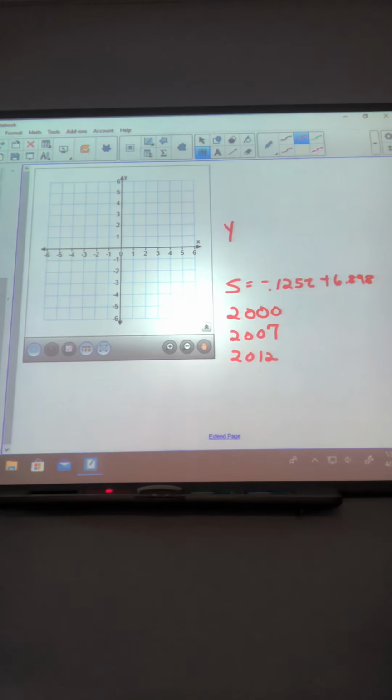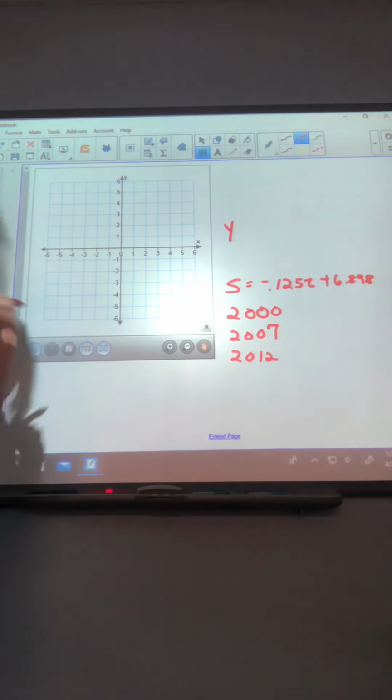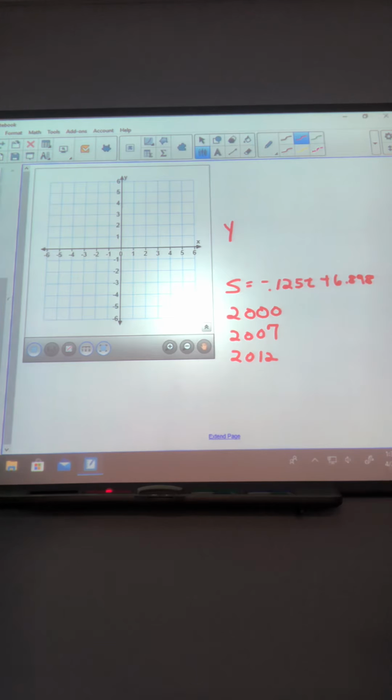So across the bottom of our graph, we're going to be using those dates. Let's make 2000 be the 0, 0.